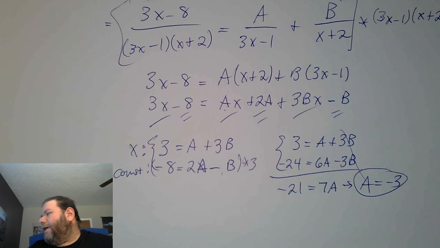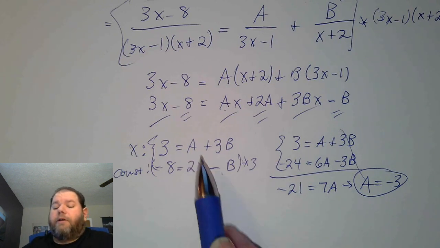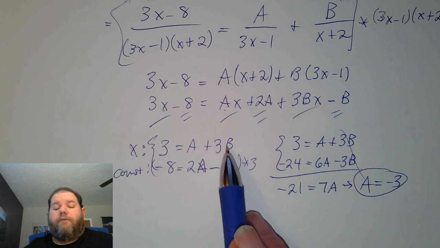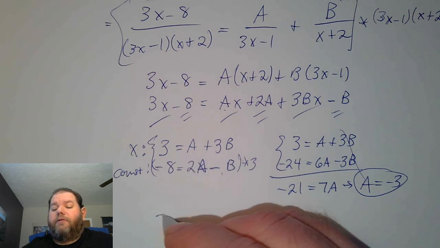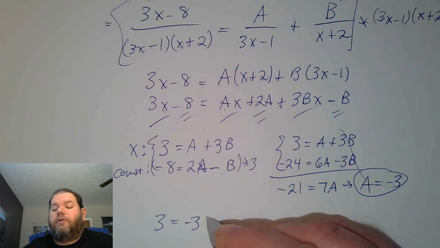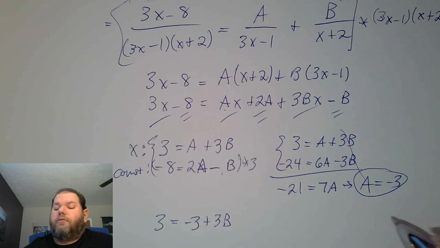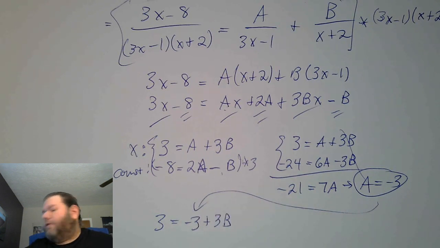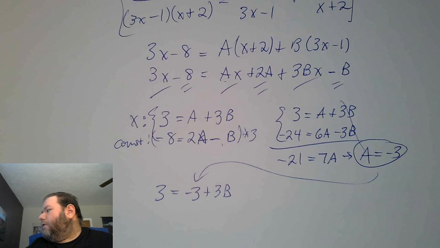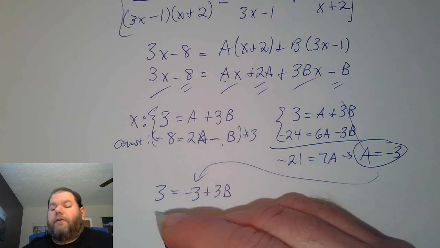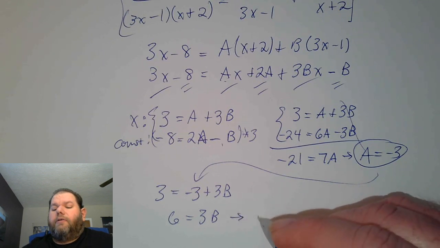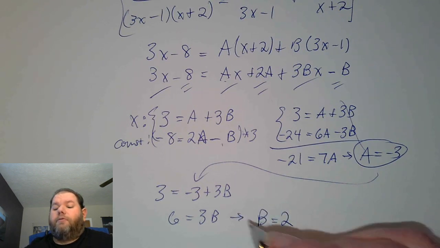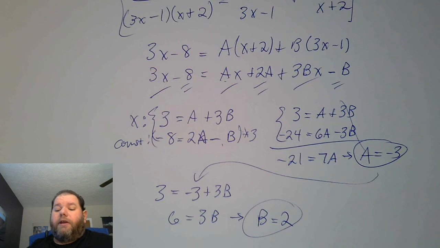And now, knowing that a is negative 3, we can plug it back into one of these two equations to solve for b. Personally, I think the first one will be a little bit easier. So that will give us 6 equals 3b. So b is equal to 2. So we calculated a and b.